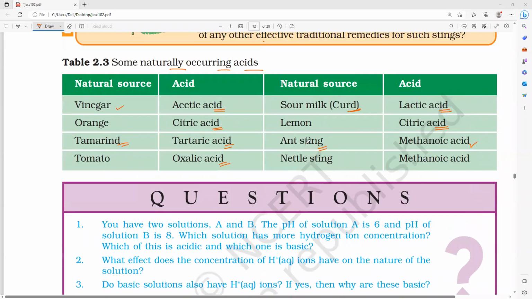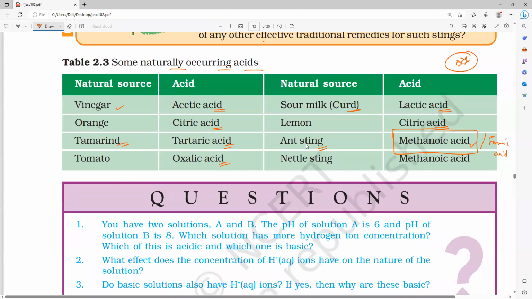Remember, some ants also contain formic acid. But according to your NCERT book, if they ask you what ant sting contains, you write methanoic acid. Have you noticed the very big red ants, basically in mango trees? These are mainly wood ants.